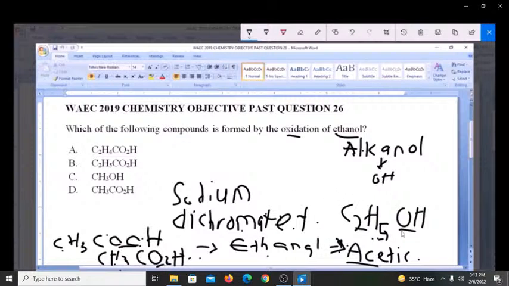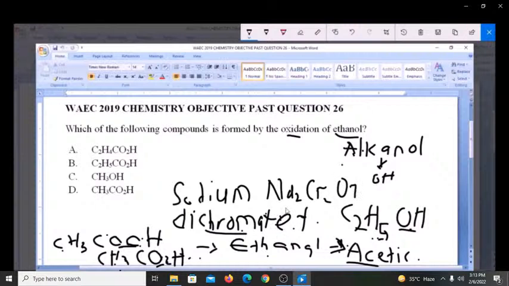You have ethanol first being oxidized by sodium dichromate, which has a formula of Na2Cr2O7.